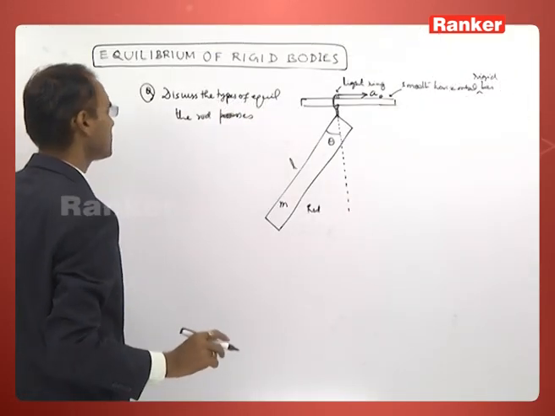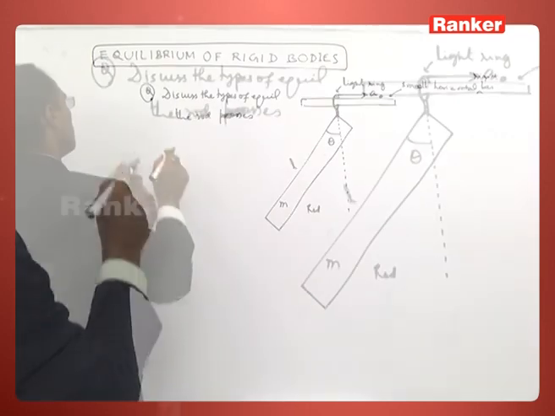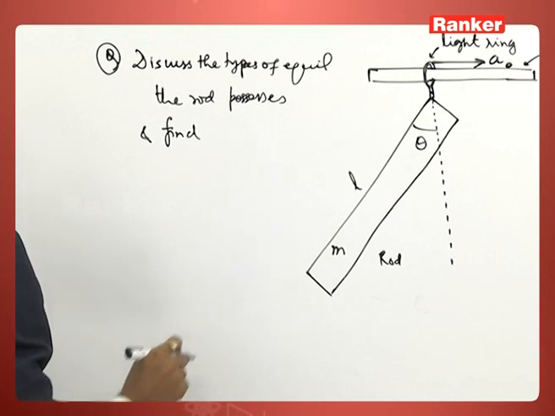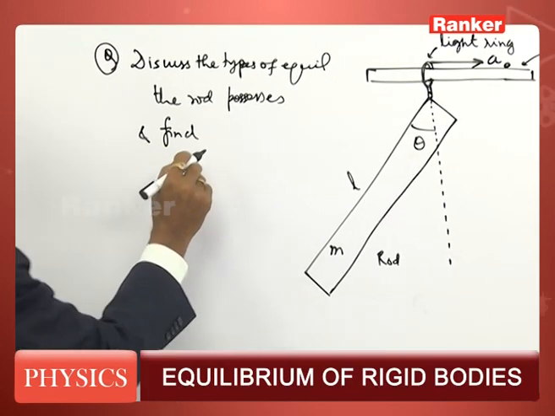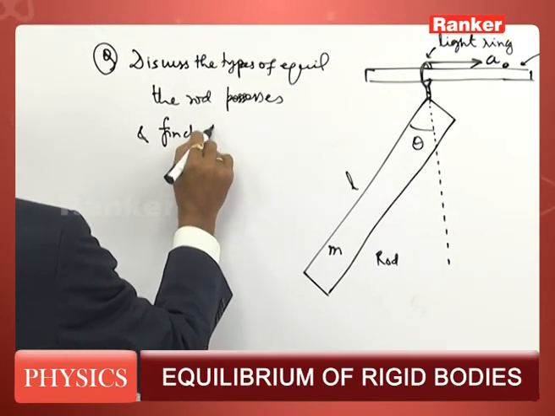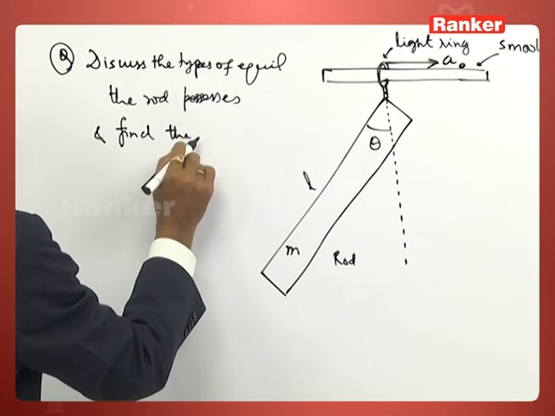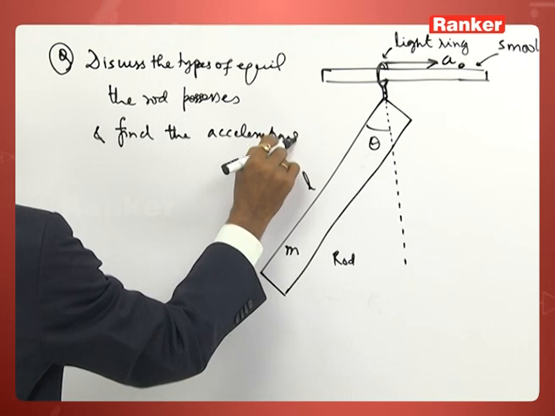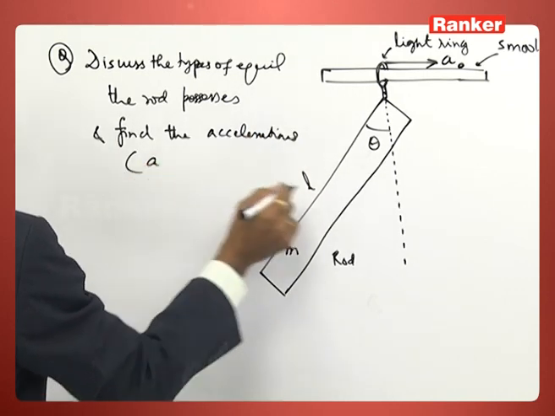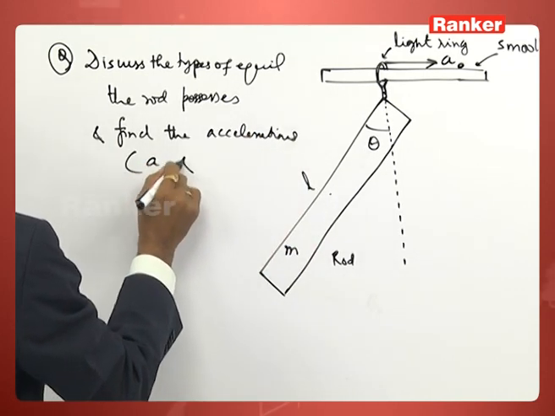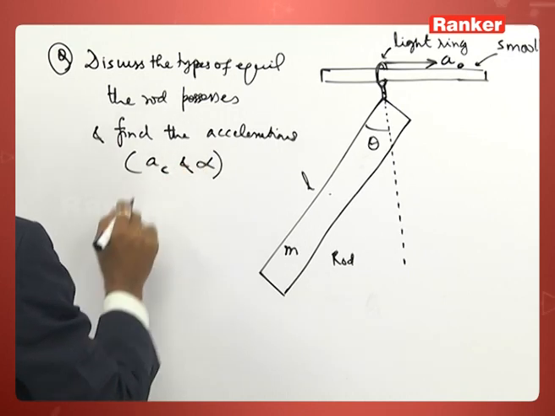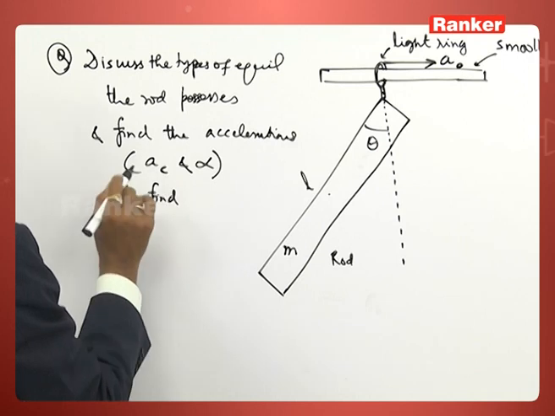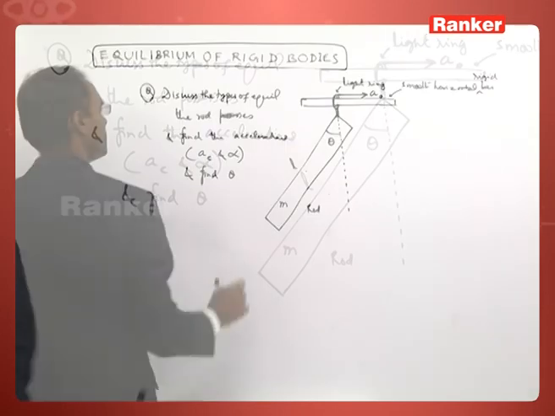The rod will possess how many types of equilibrium, and find the accelerations, both linear of the center of mass and angular, and find the angle theta.